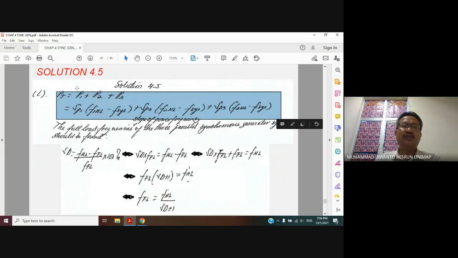Because it is 3 generators, the total power is equal to the power for generator 1 plus generator 2 plus generator 3.